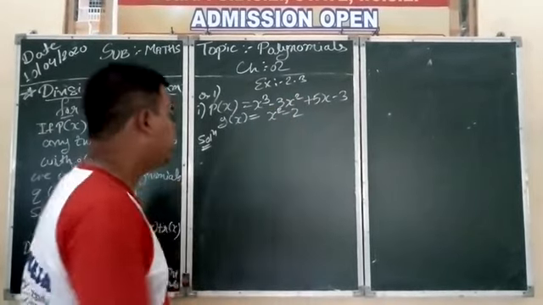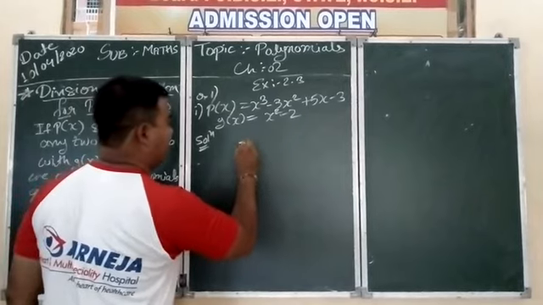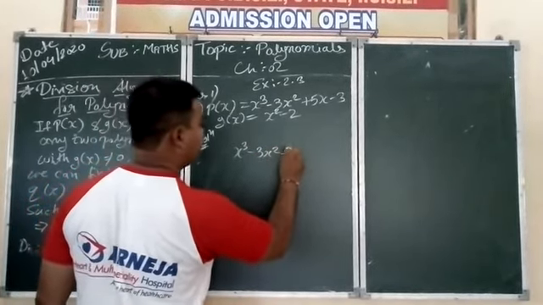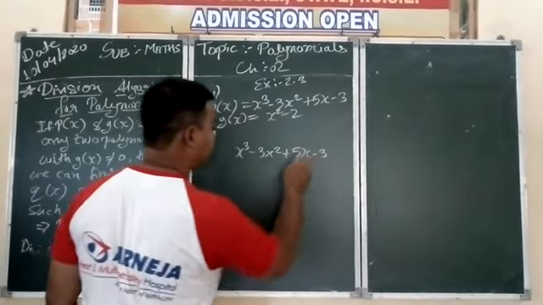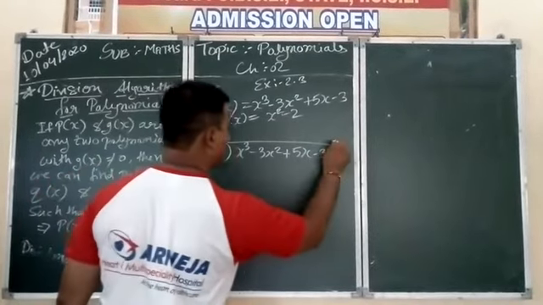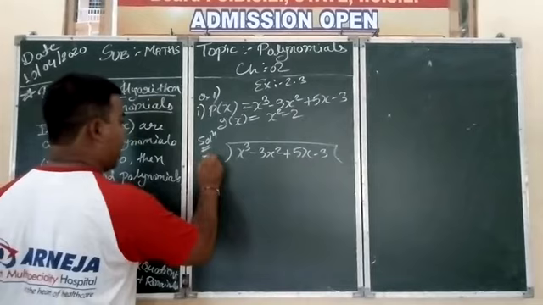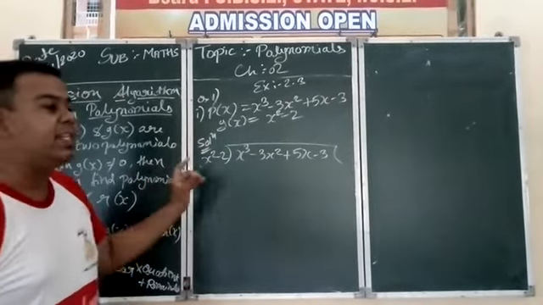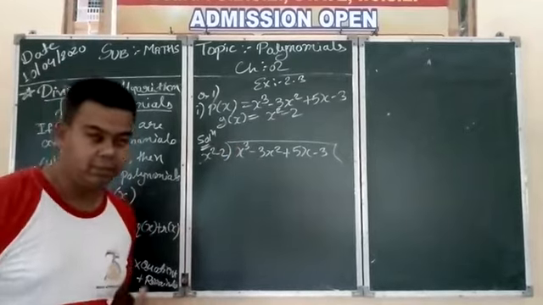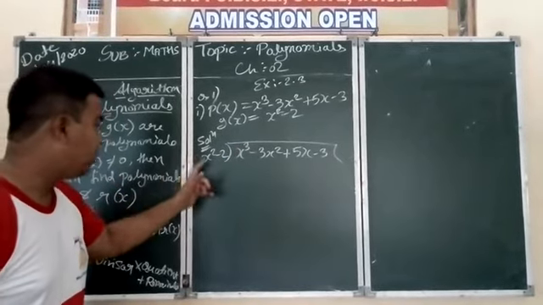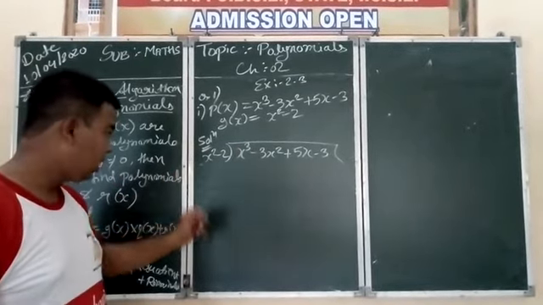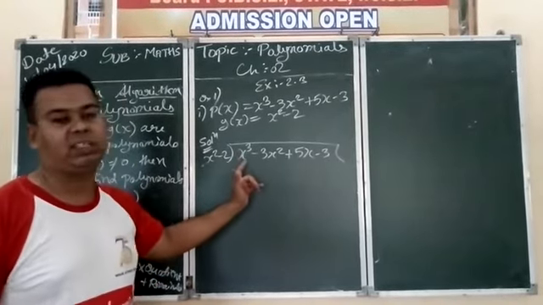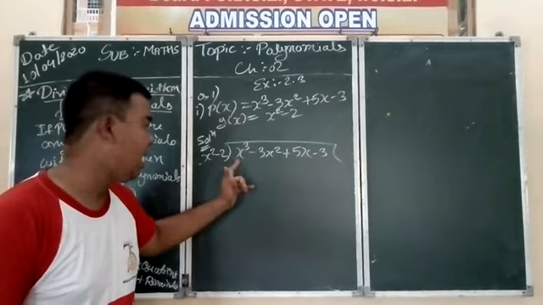First write x cube minus 3x square plus 5x minus 3 and divide by x square minus 2. So x square minus 2 is the divisor and this is the dividend. The divisor x square minus 2 is multiplied by which term to get the first term, x cube?